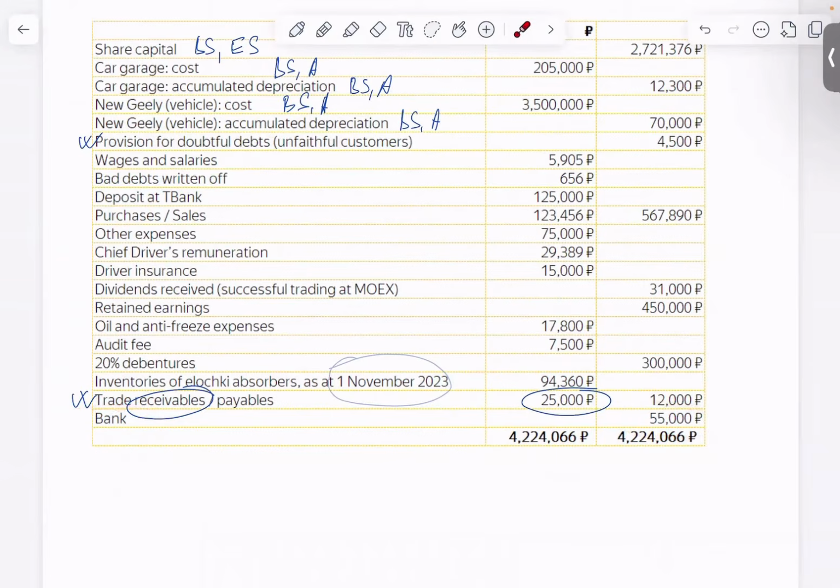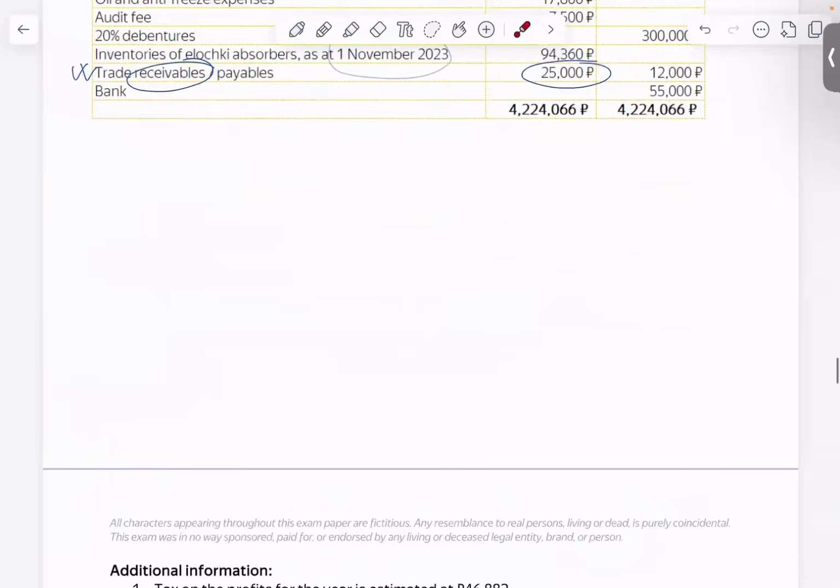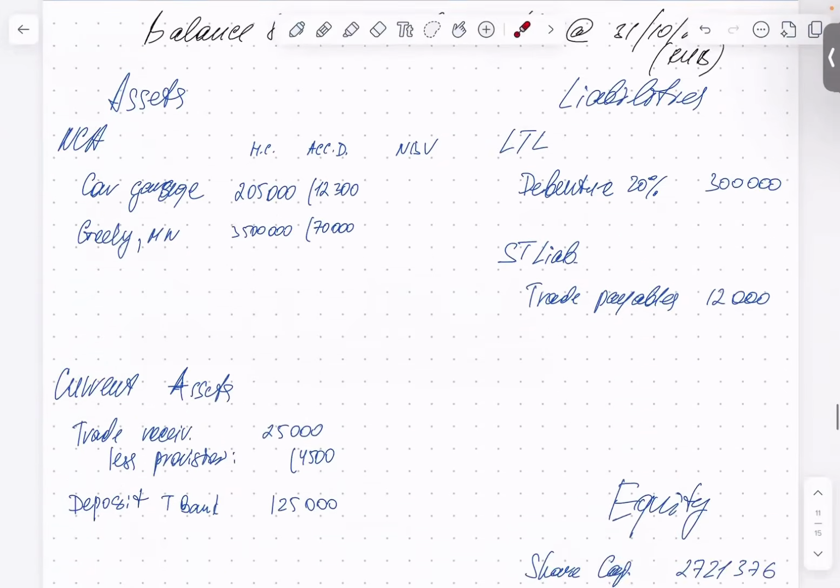That means that the company has an overdrawn bank account. That is why bank balance should appear on the liability side of our balance sheet, not in assets. That is why in the short-term liabilities section, of course, we're gonna state bank overdraft in the total amount of 55,000.